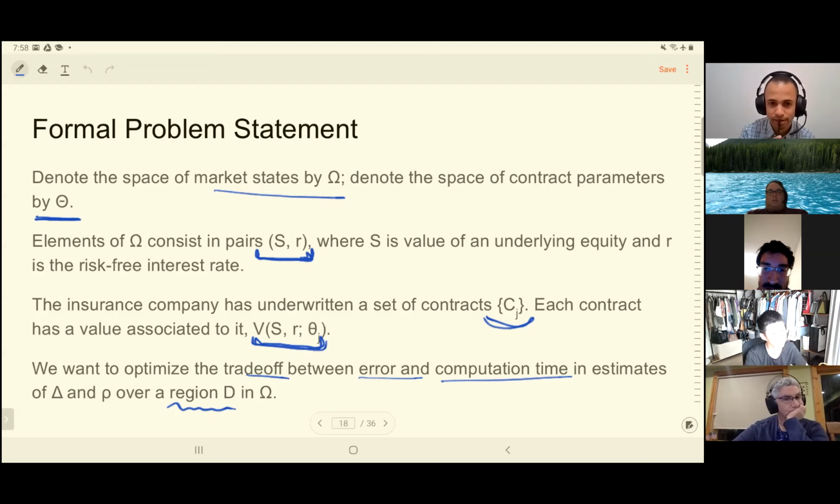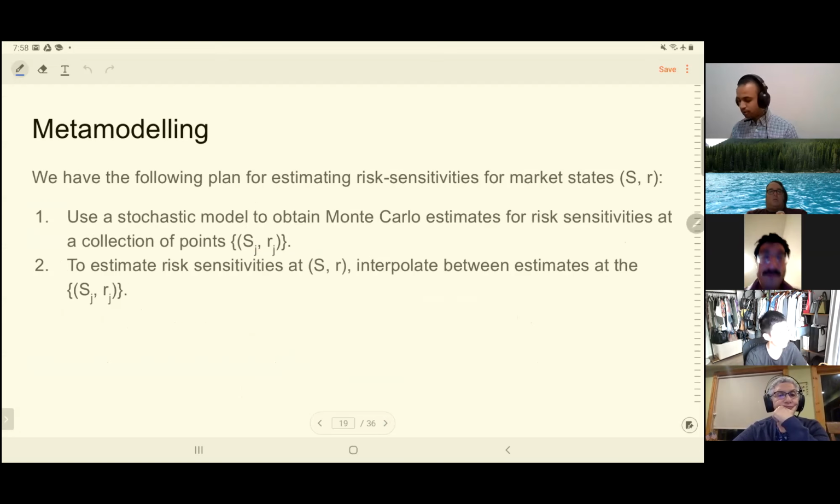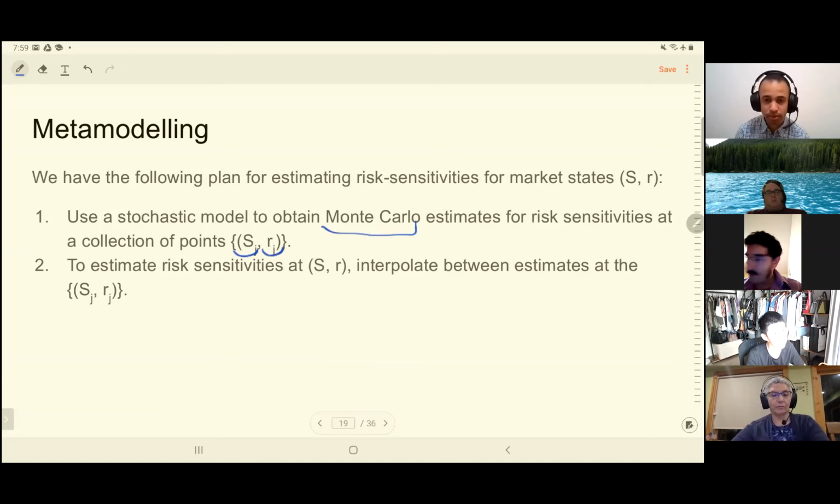Okay, great. So again, we have this value, and we want to estimate it over some region of S and R, and we'll see graphs of that as well. The plan is essentially to do the following. We'll consider some collection of points, S_j, R_j, which are hypothetical market states that we might observe at the end of the day tomorrow. We'll do Monte Carlo estimates to find pretty precise estimates for the risk sensitivities, delta and rho, at those points.